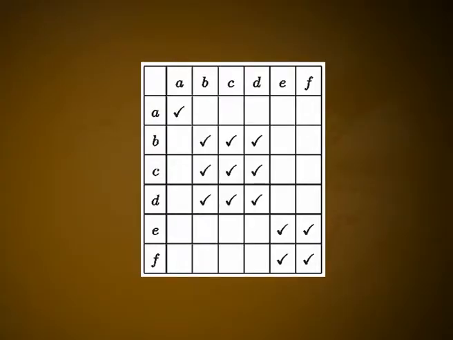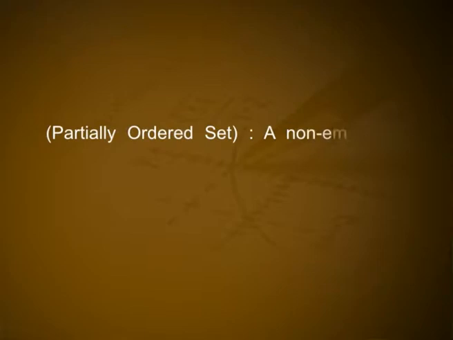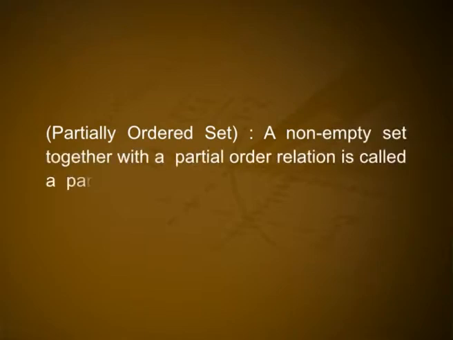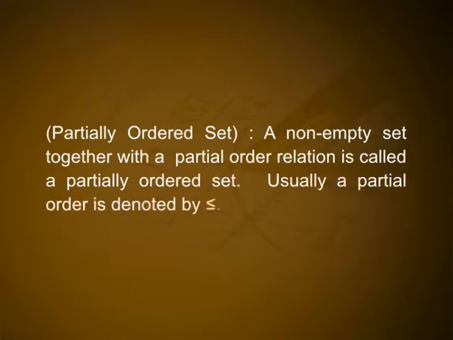The method is to write the universal relation on each subset of the partition and then take their union. Partially ordered set. A non-empty set together with a partial order relation is called a partially ordered set. Usually, a partial order is denoted by less than or equal to.